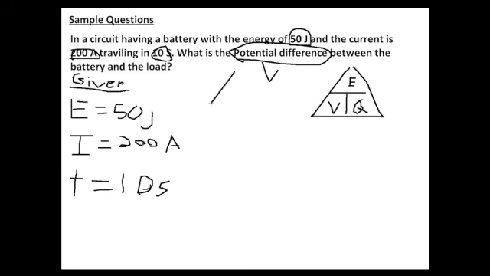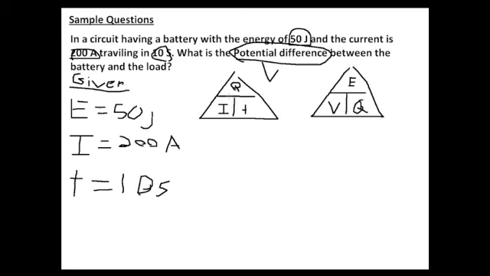But in the other pyramid, for current, we have I equals Q over time, T. So we have the current and we have the time, but we don't have the charge.